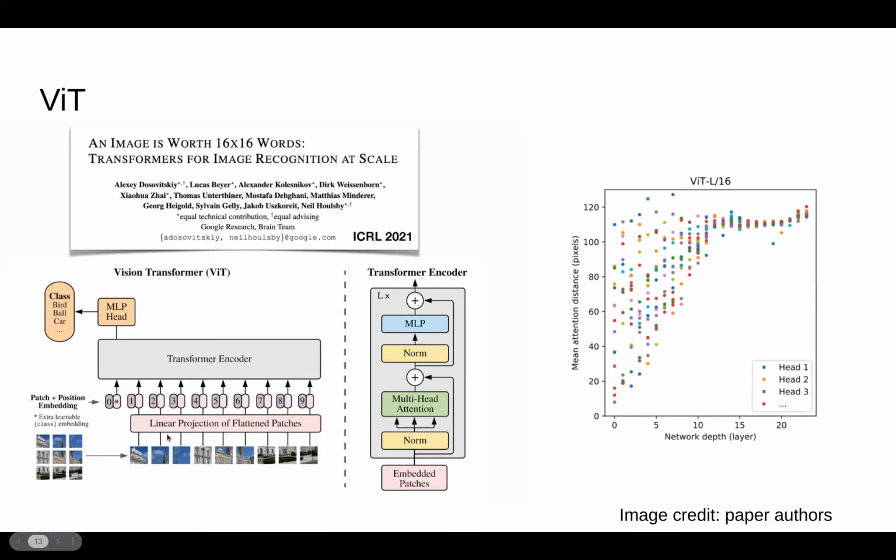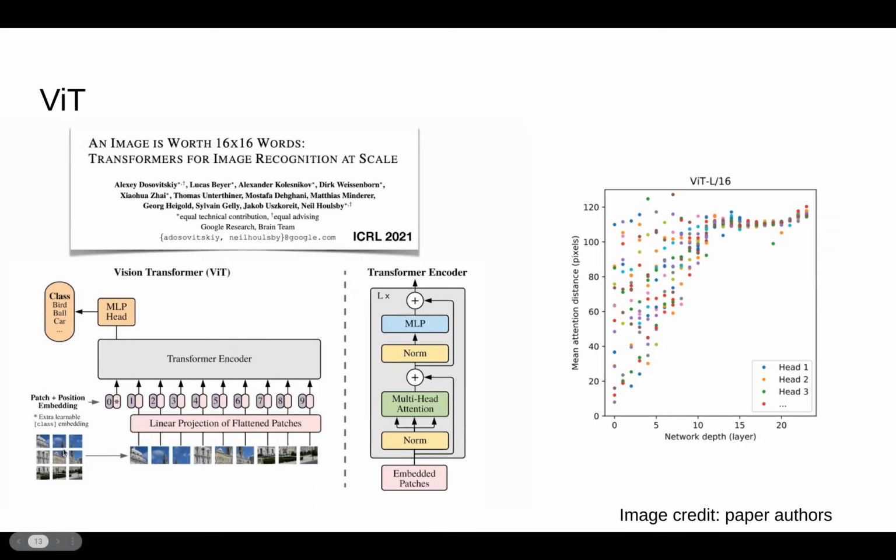The main reason this is being done is that images can be thought of as sentences, and that's what they're trying to say here. The way you want to think about the sentences, you want to break it down into smaller parts, and the smaller parts here become these 16 by 16 patches. You could also think of it as doing global attention instead of local attention.